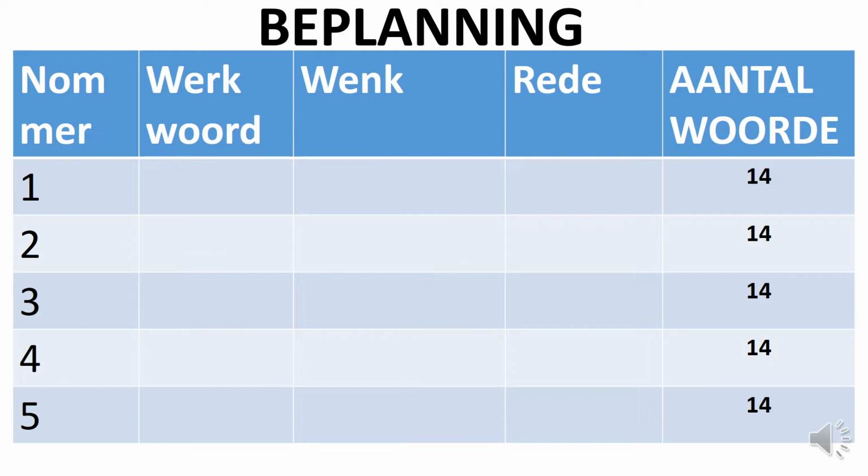I like to divide my amount of words that I need. So I took 70 because that's the middle. Remember, the minimum was 60, the maximum was 80. So I divided 5 into 70 to make sure that I have more or less 14 words per wenk.